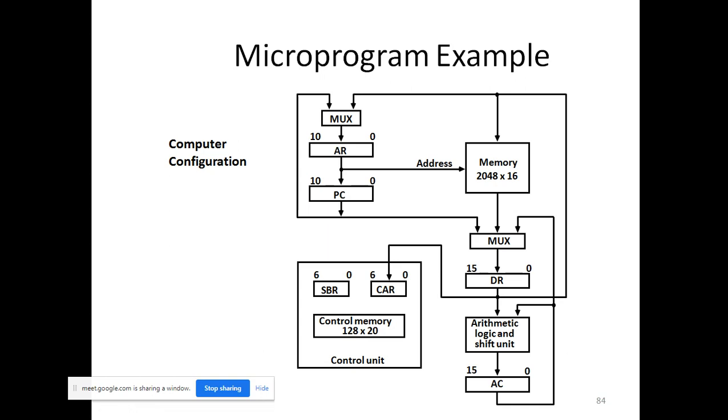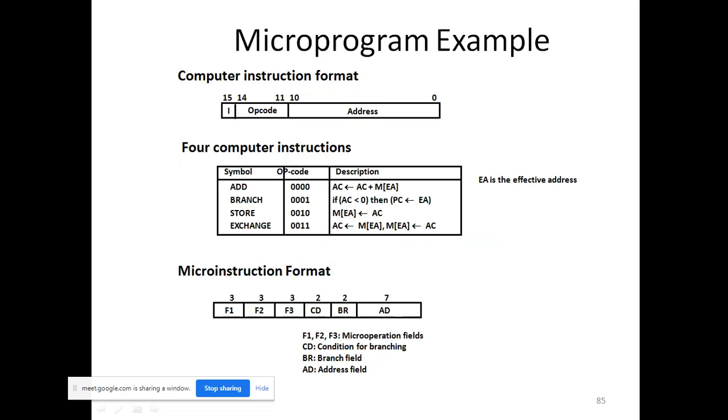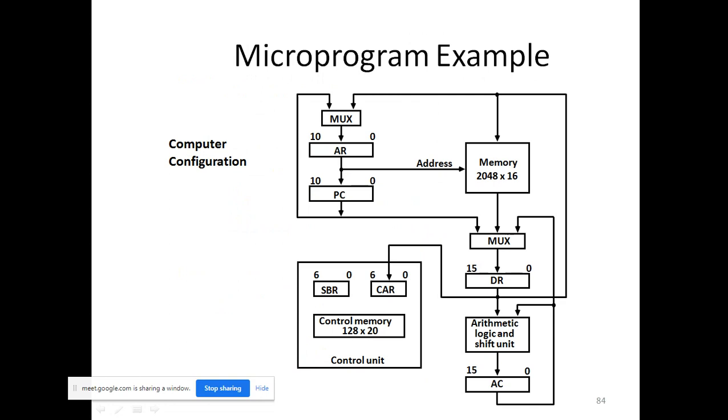Next, to send the information among these registers, we compulsorily require a multiplexer. With the help of the multiplexer we send the information to the address register and these registers.